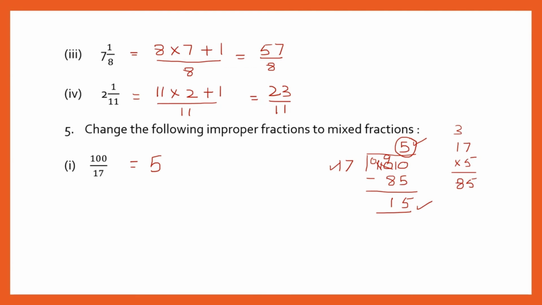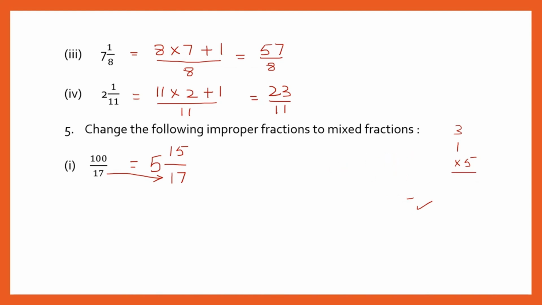The remainder becomes my numerator and my divisor becomes the denominator. Can you see the denominator has not changed? It is the same. Okay, so the quotient is a whole number. The remainder is the numerator. Okay, so I hope you understood that. Let's go on to the next question.